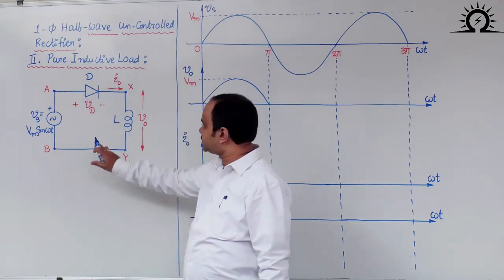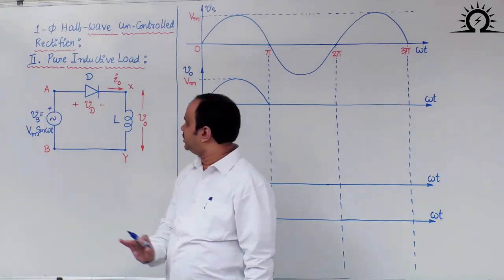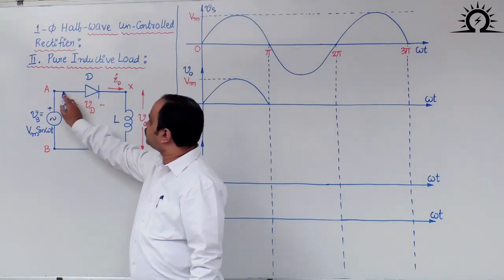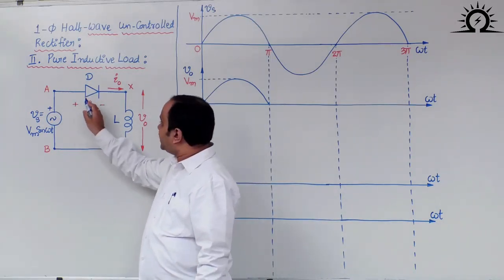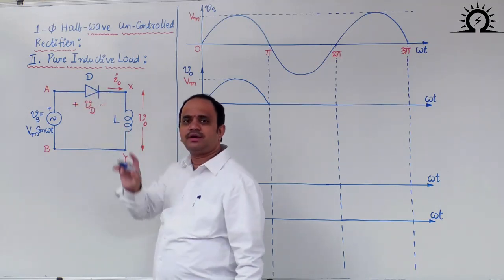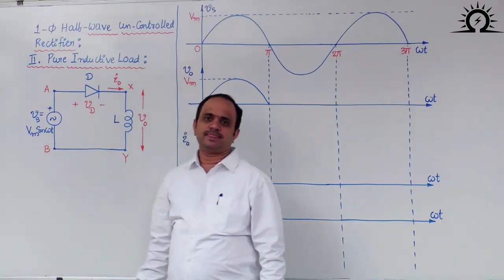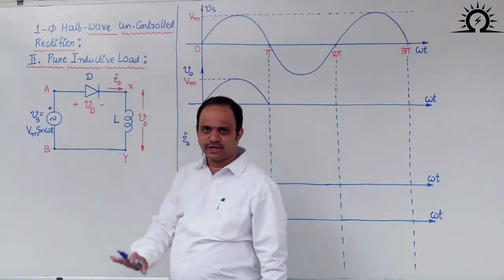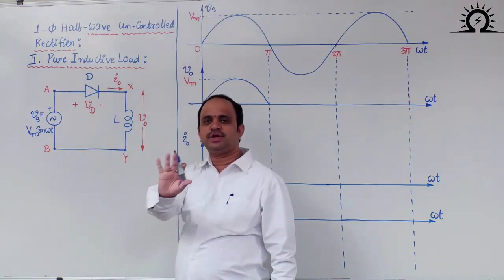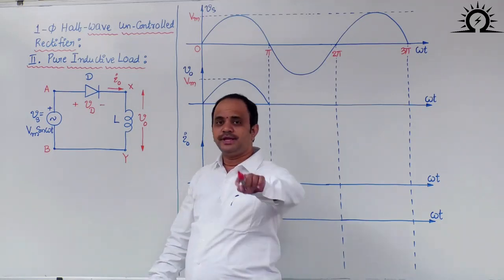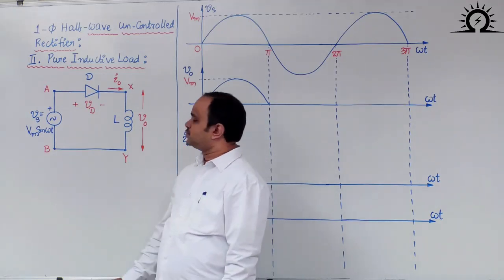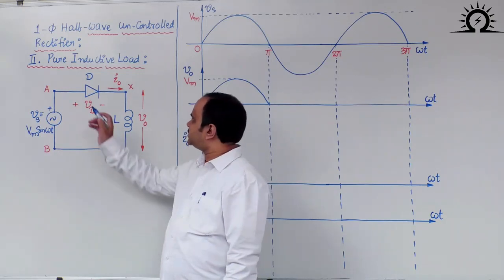For example, in this circuit it is not there. For example, if I take one switch here, in that case, when the diode will turn on, the instant when that switch is closed. Of course, in this circuit it is not the case. If at all it is there, you can treat that could be the initial condition. Suppose later analysis will consider that switch.